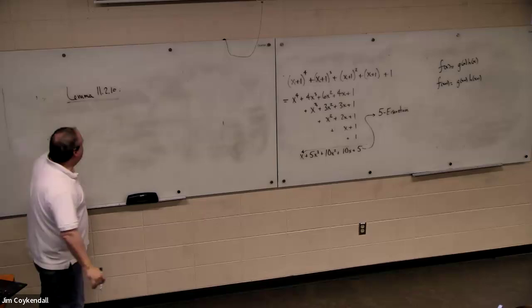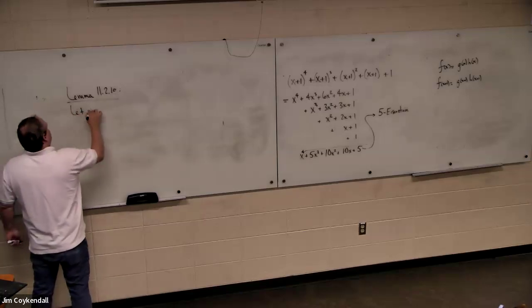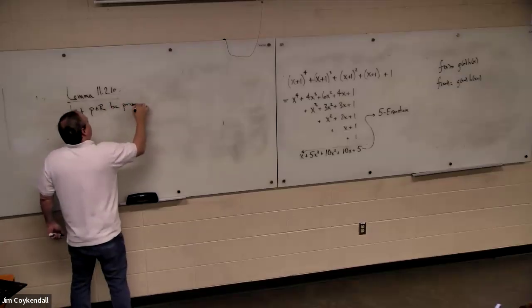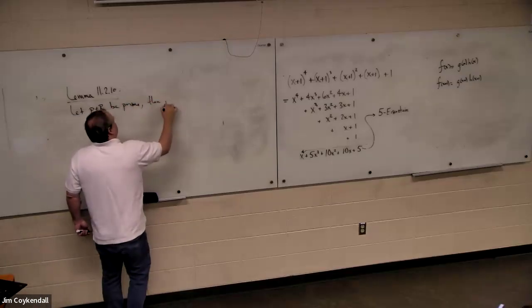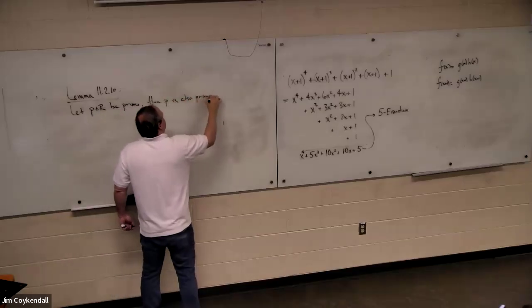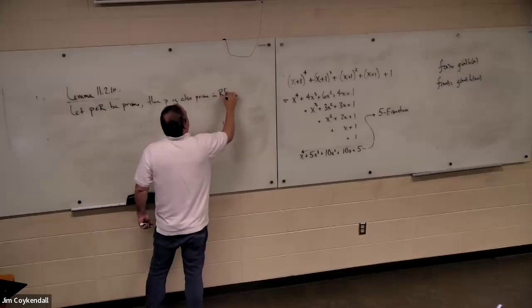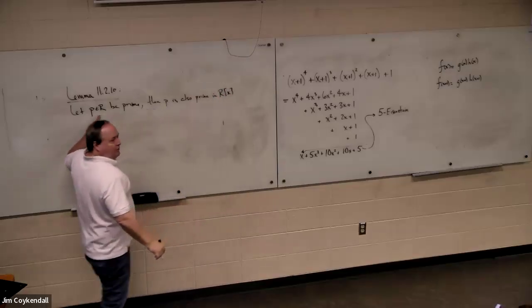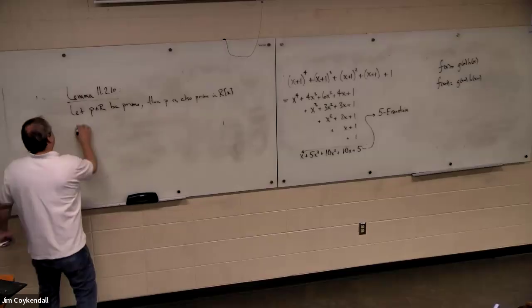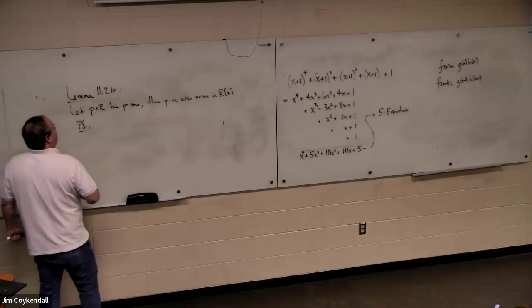Let p be a prime element. Then p is also a prime in R[x]. So if you have a constant that's prime in your coefficient ring, as a polynomial, it's also prime. And you're going to love this proof.